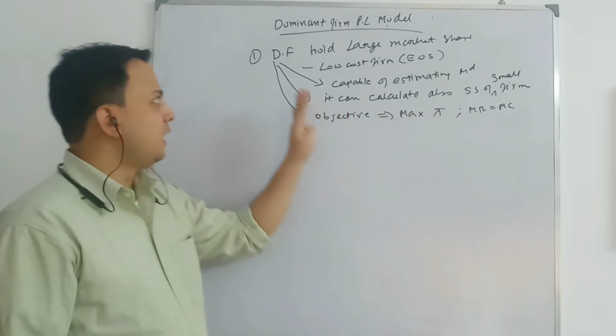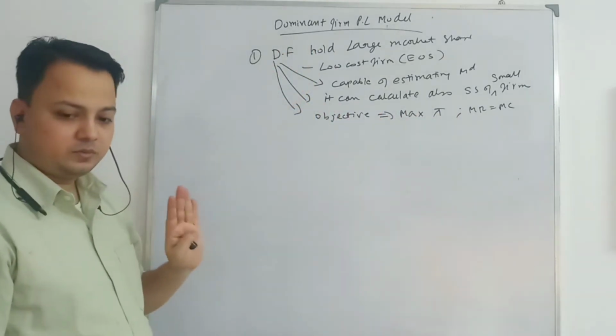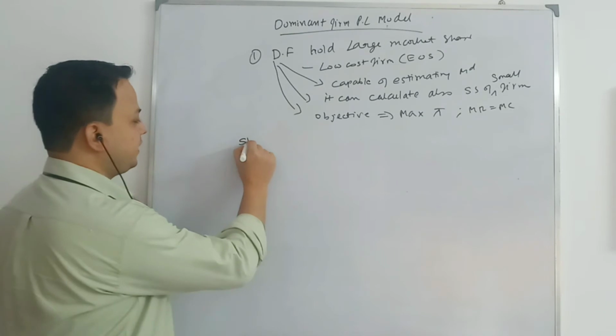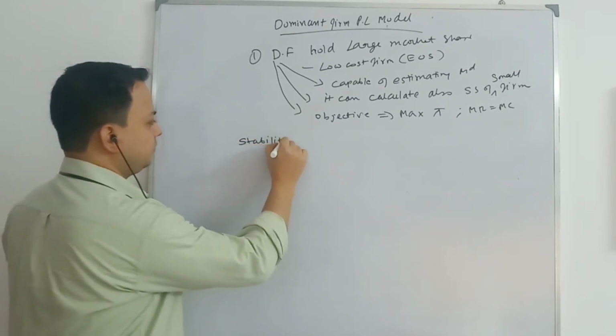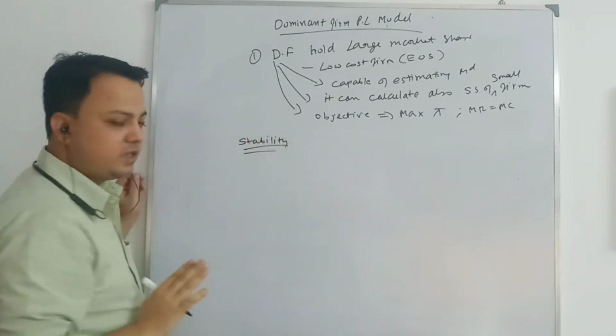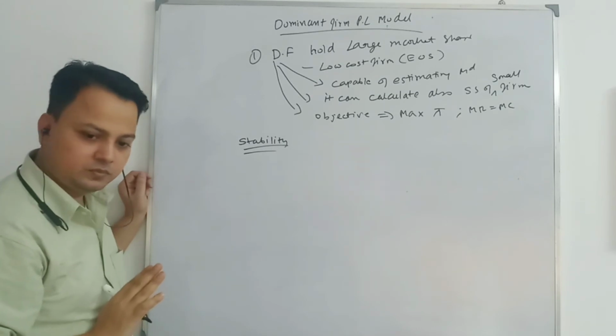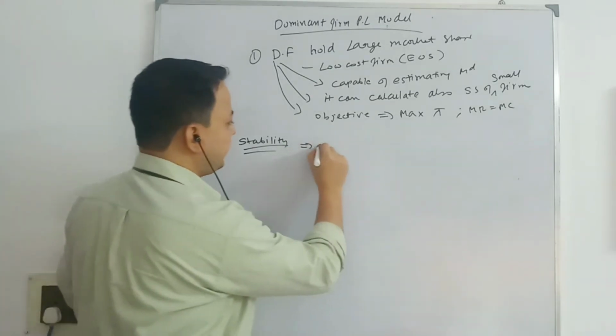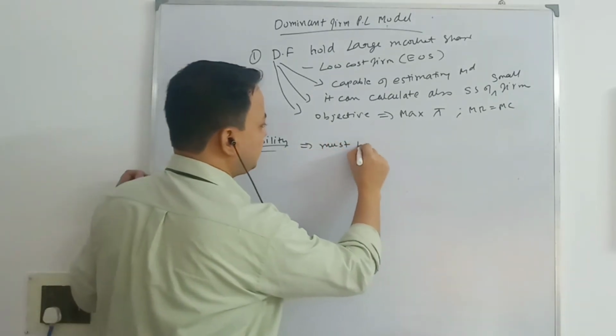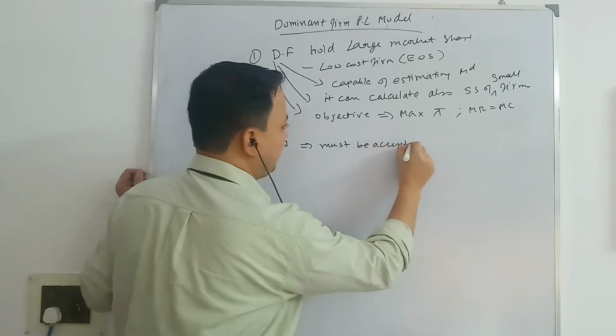And in this dominant firm price leadership model, the stability condition is that whatever price is determined by this dominant firm must be accepted by the small firms.